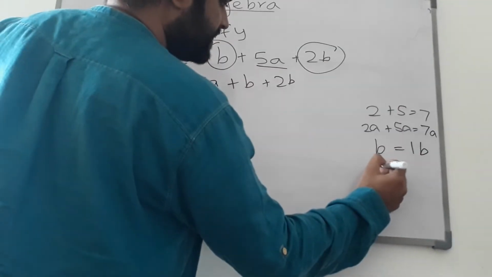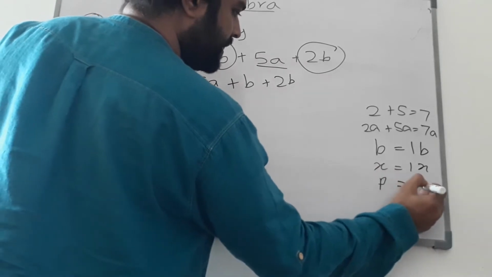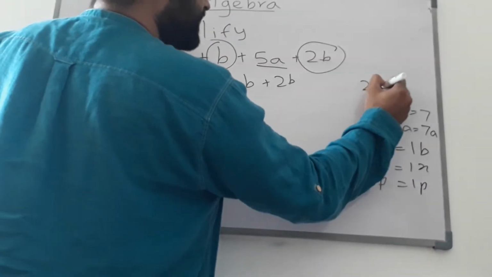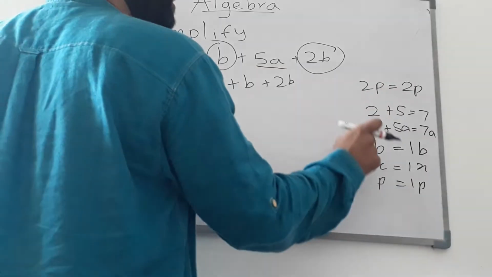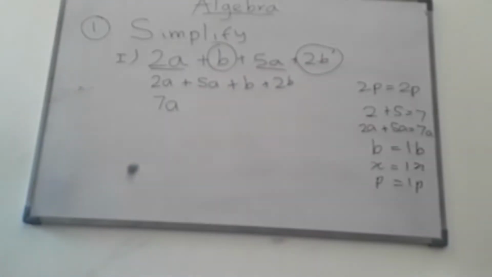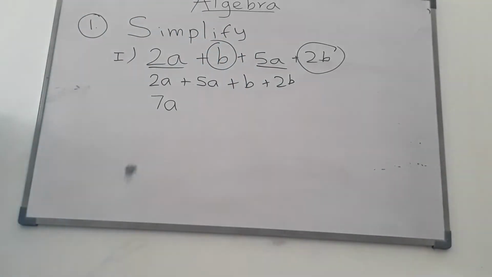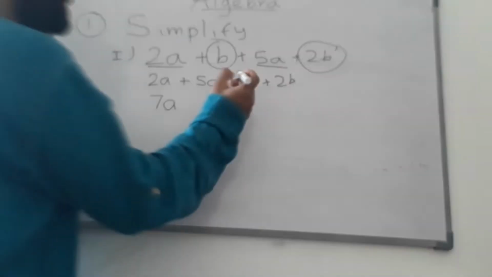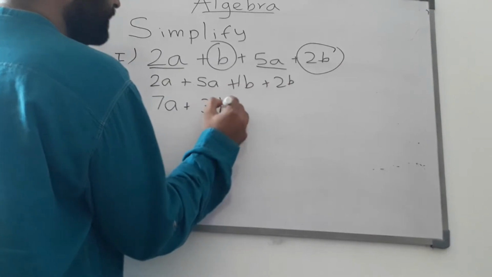So likewise, x means 1x, p means 1p, but if it is 2p, that means 2p. p means 1p. Keep it in mind. So here b means 1b. So 1 and 2 together it is 3b.